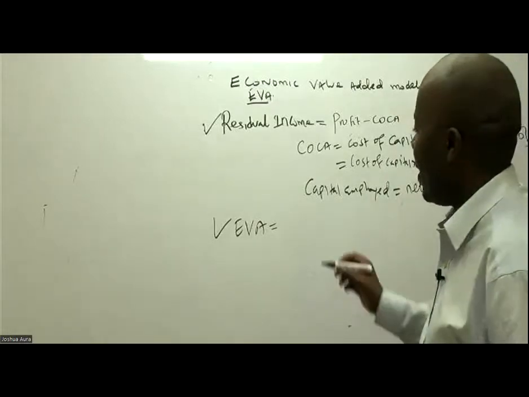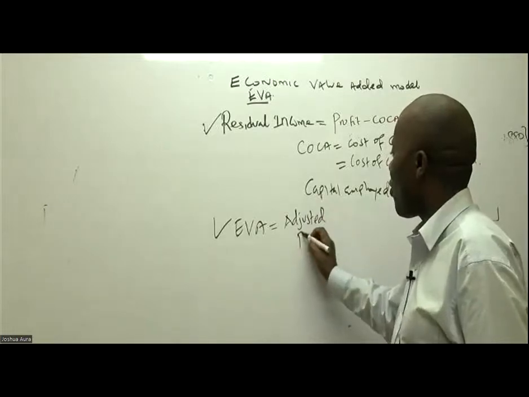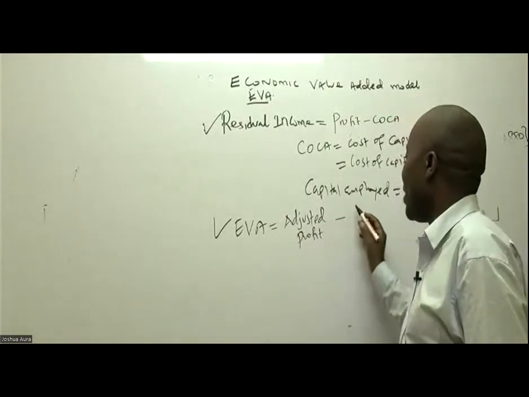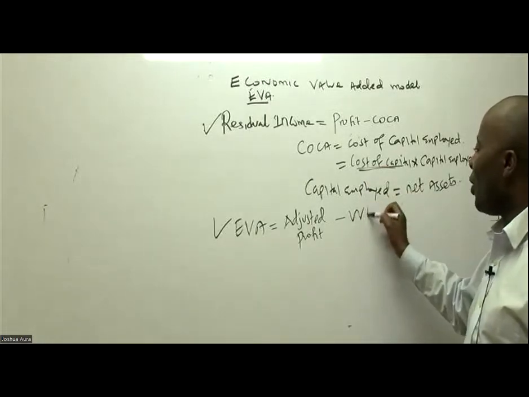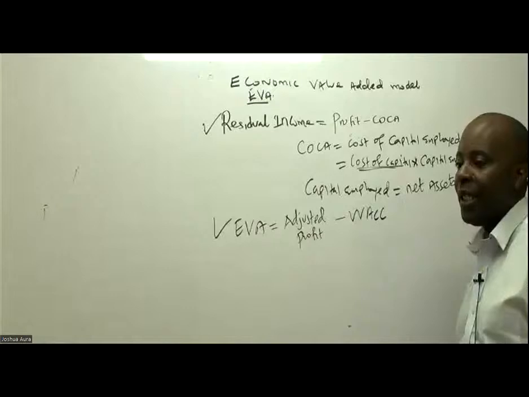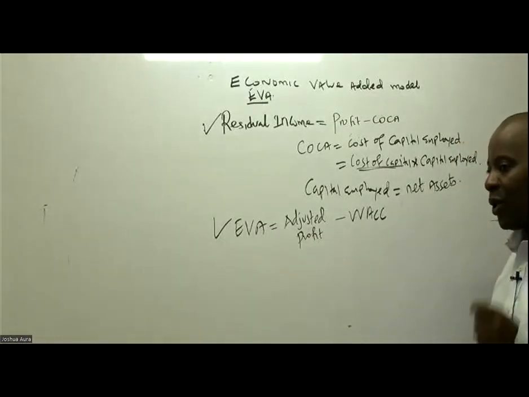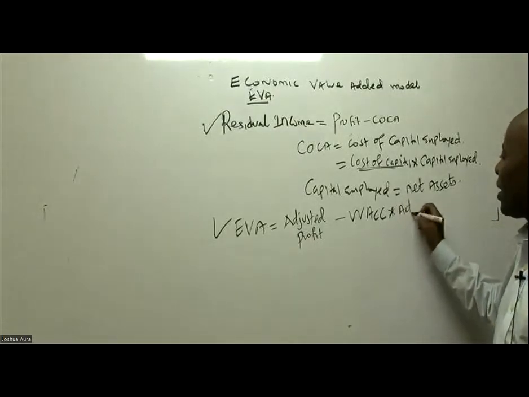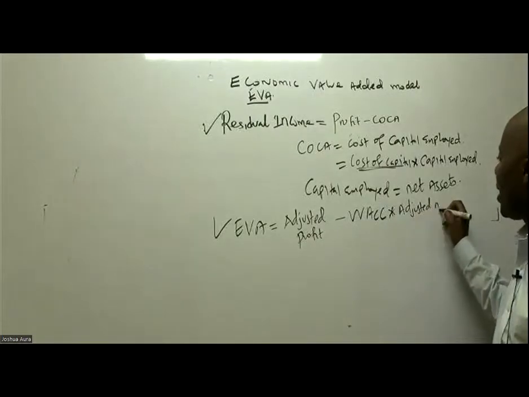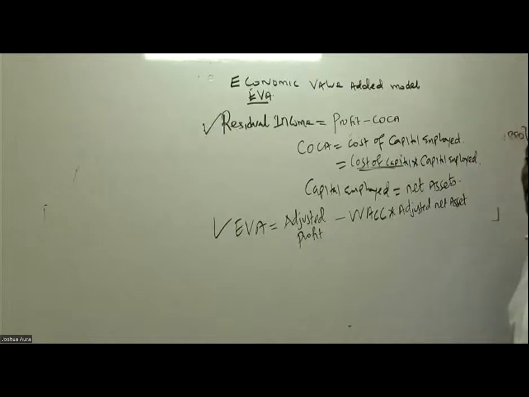So basically, EVA will be adjusted profit minus, instead of cost of capital, we prefer using WACC, not unless they don't give us WACC. So it shall be WACC times adjusted net assets, or adjusted capital employed.